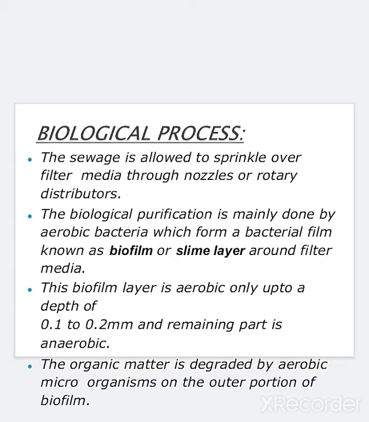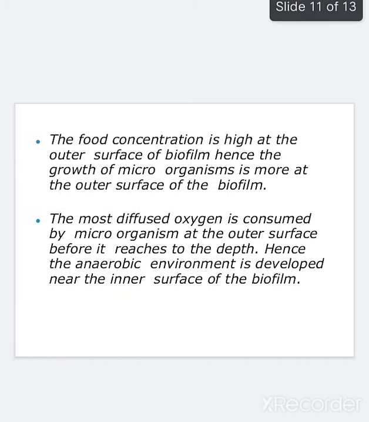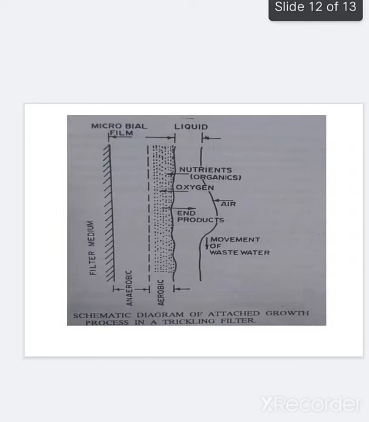The organic matter is degraded by aerobic microorganisms on the outer portion of the biofilm. The food concentration is high at the outer surface of the biofilm. Hence, the growth of microorganisms is more at the outer surface. Most of the diffused oxygen is consumed by microorganisms at the outer surface before it reaches the depth. Hence, an anaerobic environment develops near the inner surface of the biofilm.